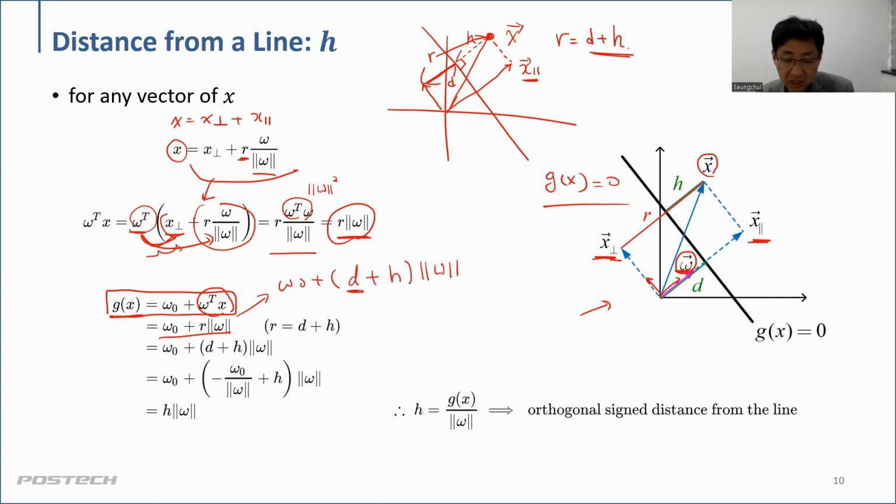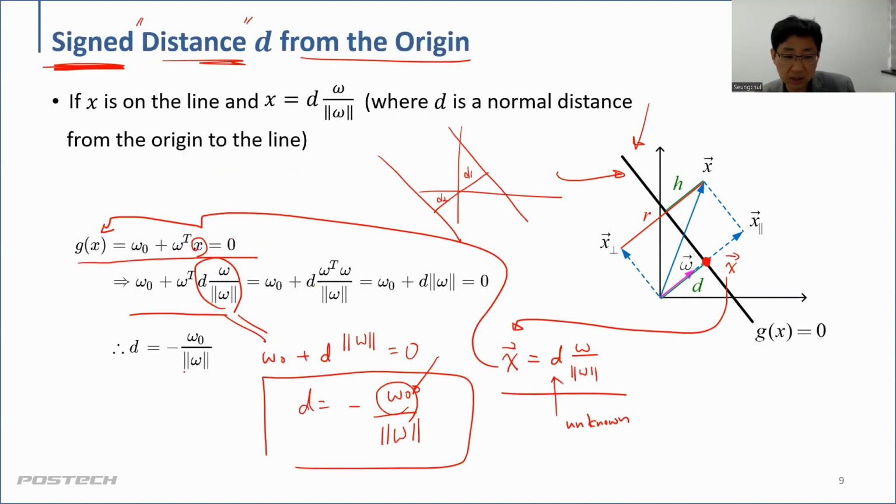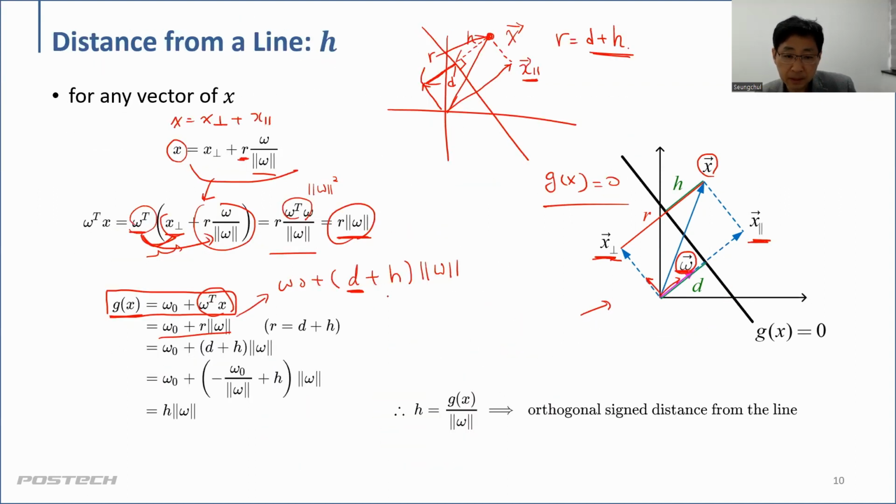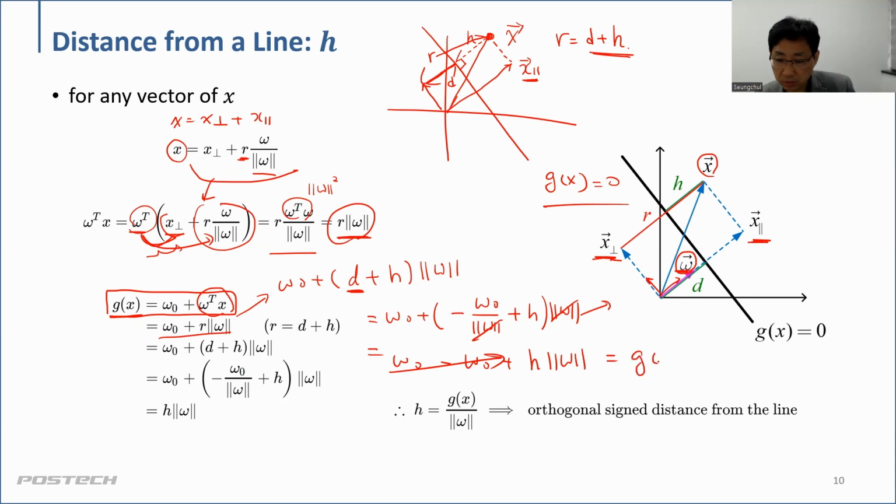And we know d is from the previous slide. So minus omega naught divided by the norm of omega, and h. We can compute it, minus omega naught plus h times the omega norm, the two norm, so it goes away, and we know that is g of x.